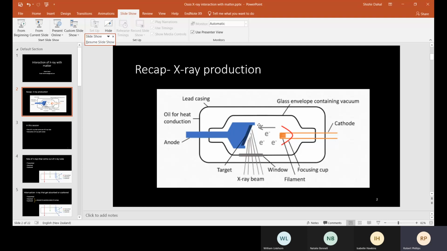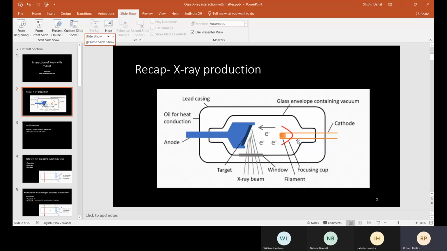One is Bremsstrahlung X-ray, that's also called a braking X-ray, and another is characteristic X-ray. Bremsstrahlung X-ray is produced when the moving electron interacts with the nuclear field and changes its direction. Whereas characteristic X-ray is produced when the moving electron strikes the bound electron, or the electron in the inner orbit of the metal target, and ejects that electron.